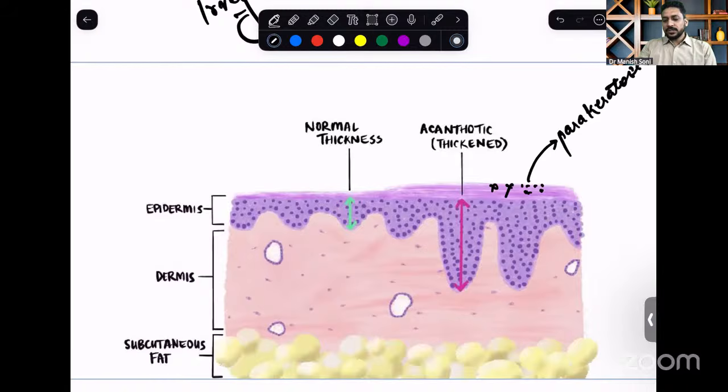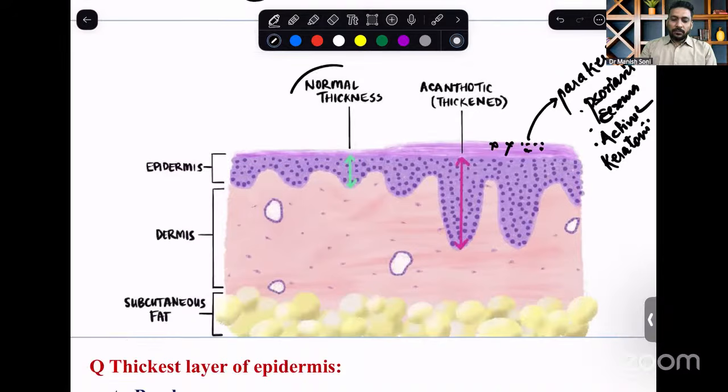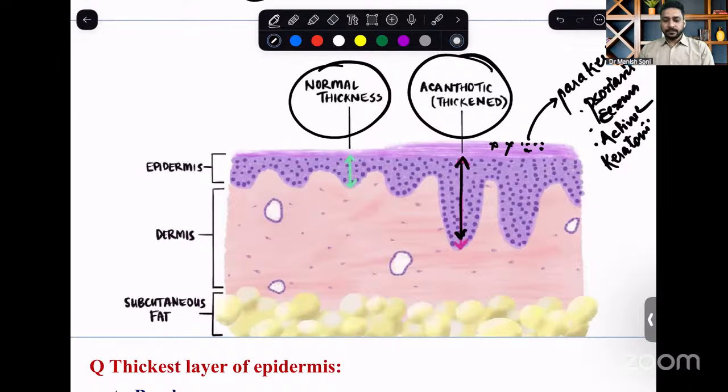And parakeratosis is a feature of many conditions including psoriasis, eczema, actinic keratosis. Here you can see the normal thickness of stratum spinosum, but when it gets thickened to a larger extent, we call it acanthosis.